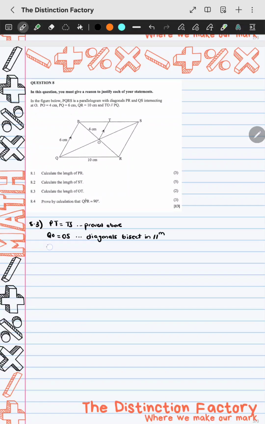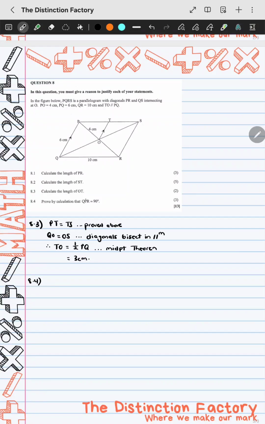And then because of those two things, we can say that TO will be equal to half the length of PQ. And our reason for this is midpoint theorem. That means that TO will then be equal to 3 centimeters.